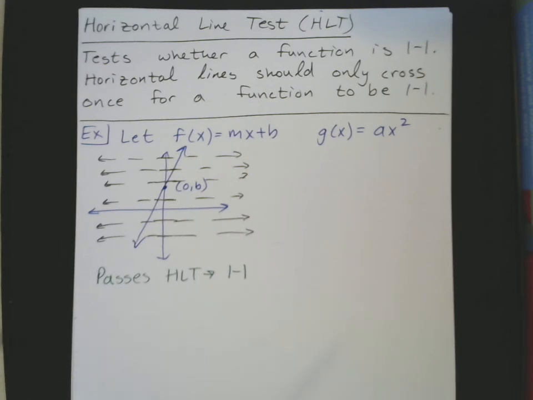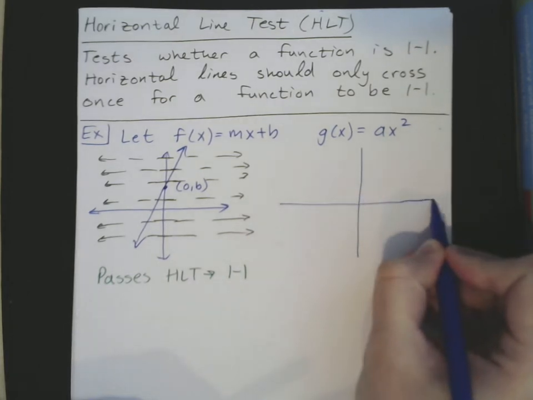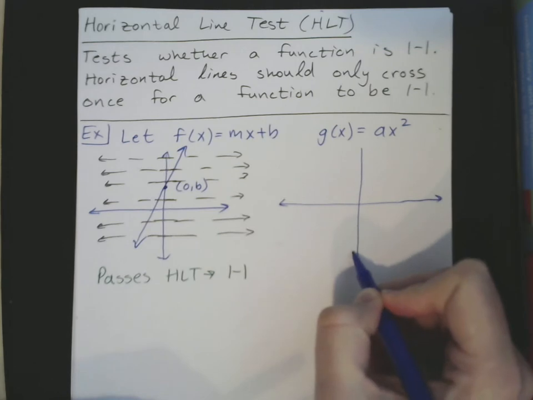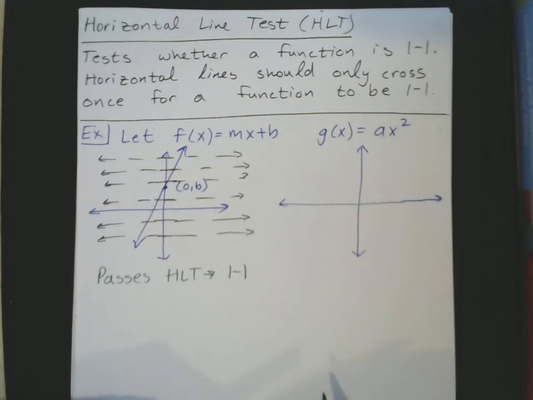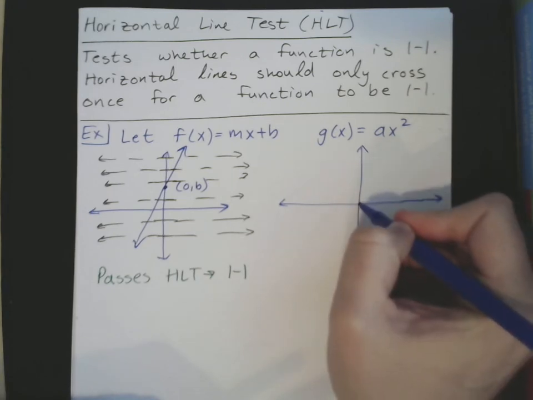Now, for g of x equals ax squared, if we look at ax squared, we know that that's going to go through (0, 0), and then it'll do something like this.